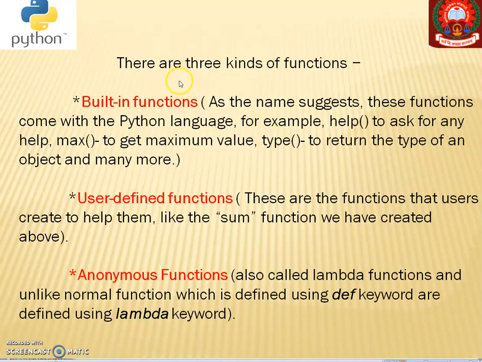As far as functions are concerned, there are 3 kinds of functions. The first one is built-in function, the second one is user-defined function, and the third one is anonymous function. Built-in functions are ones you are very familiar with.